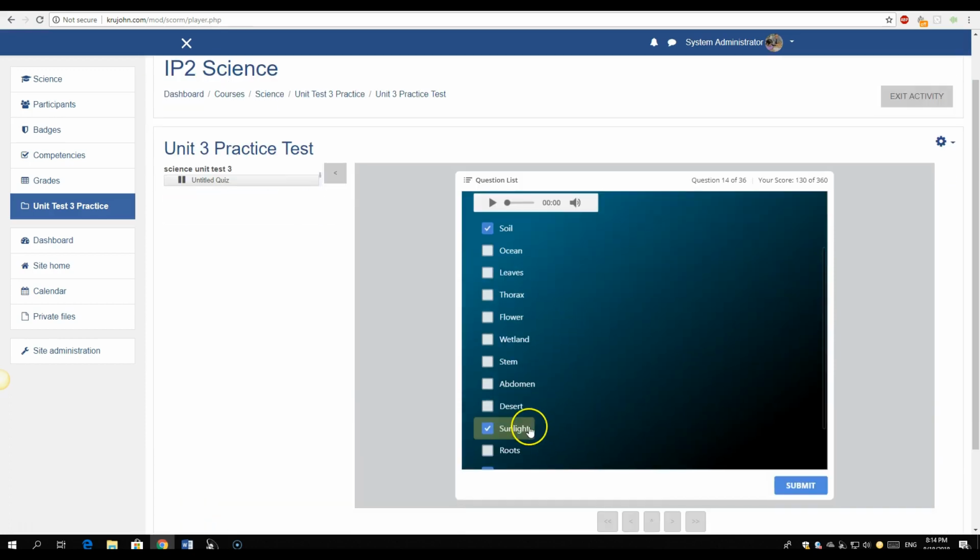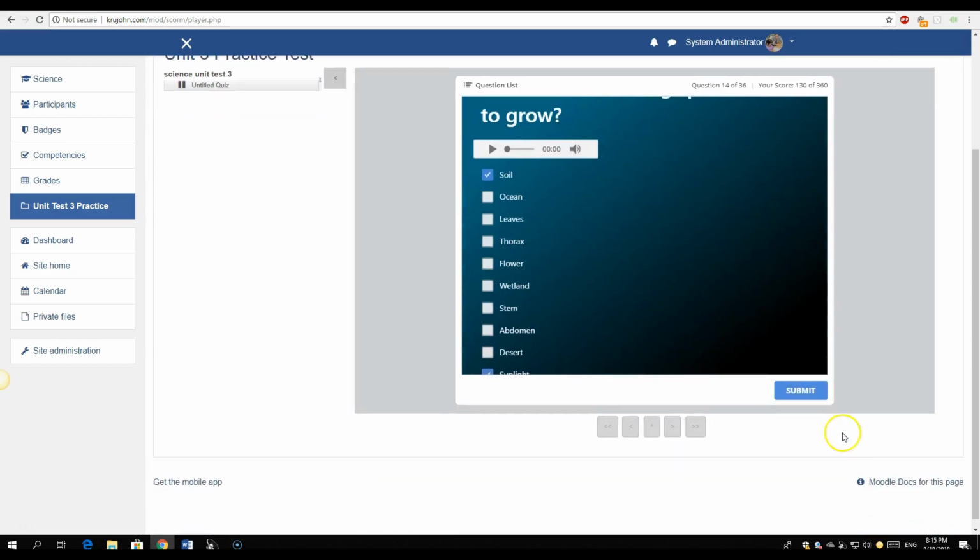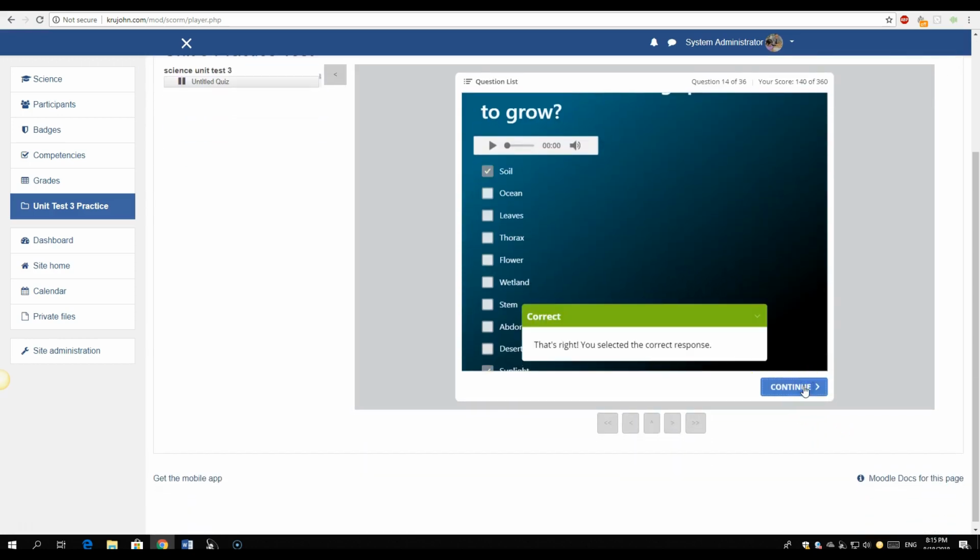Now they use the sunlight to make energy, and that process is called photosynthesis. We will learn more about that in our next unit. So we're finished. Submit. Soil, water, and sunlight.